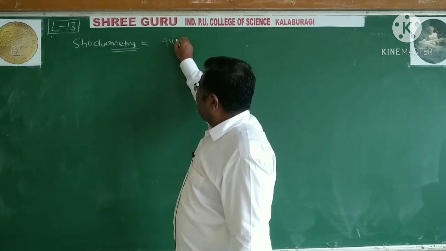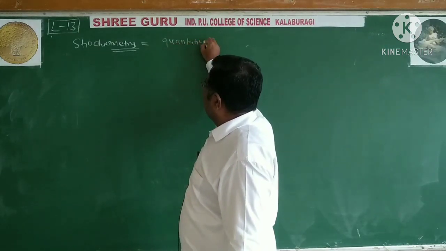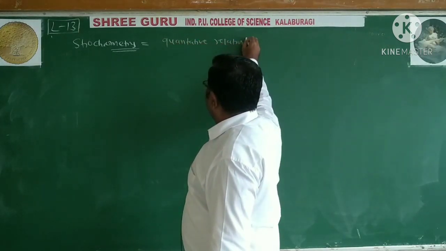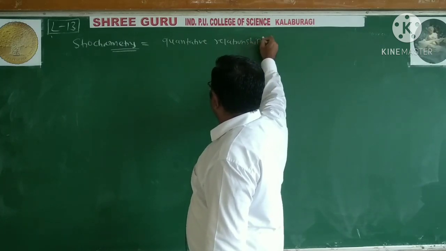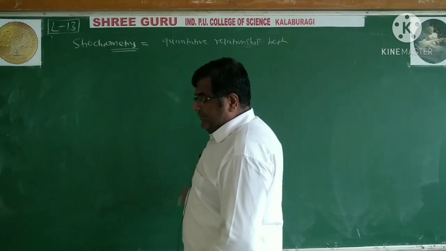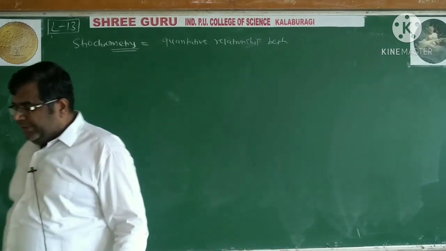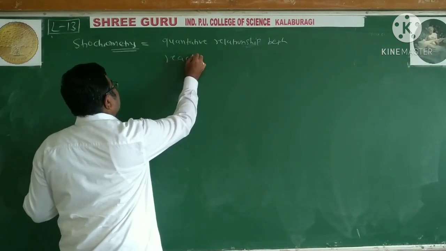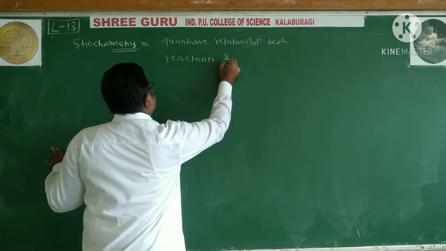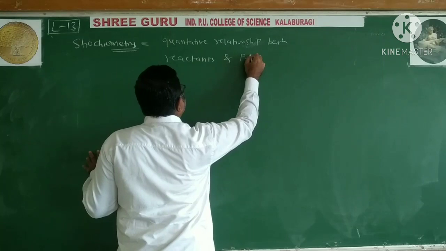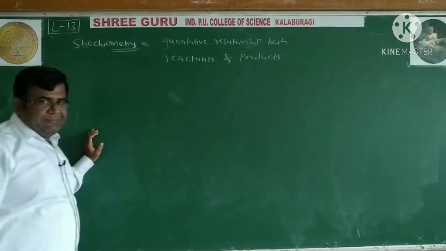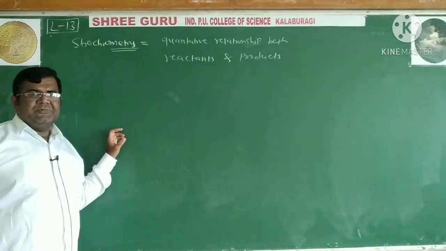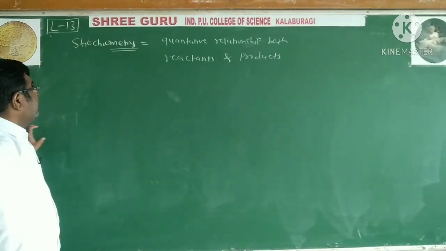So it is the quantitative relationship between reactants and products. We'll see how that relationship is established in a particular given equation.